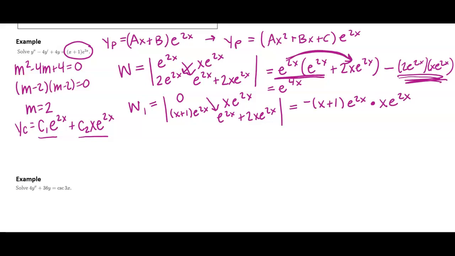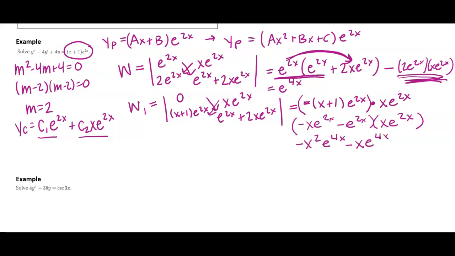Again, when I distribute this out, the negative comes from this times this minus this times this, that's where that negative comes from. So I end up getting negative x e to the 2x minus e to the 2x, and I'm multiplying that by x e to the 2x. So I get negative x squared e to the 4x minus x e to the 4x.